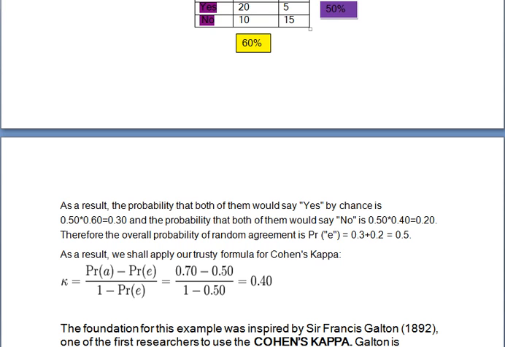Therefore, the overall probability of random agreement is Pr(E) equals 0.3 plus 0.2 equals 0.5. As a result, we shall apply our trusty formula for Cohen's kappa. And this is the result.